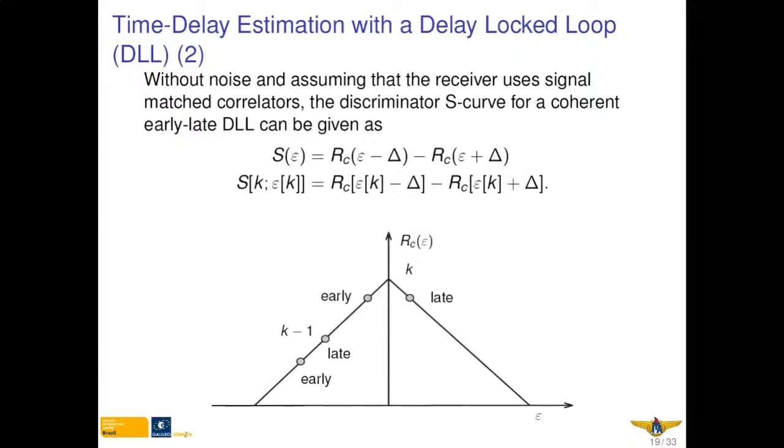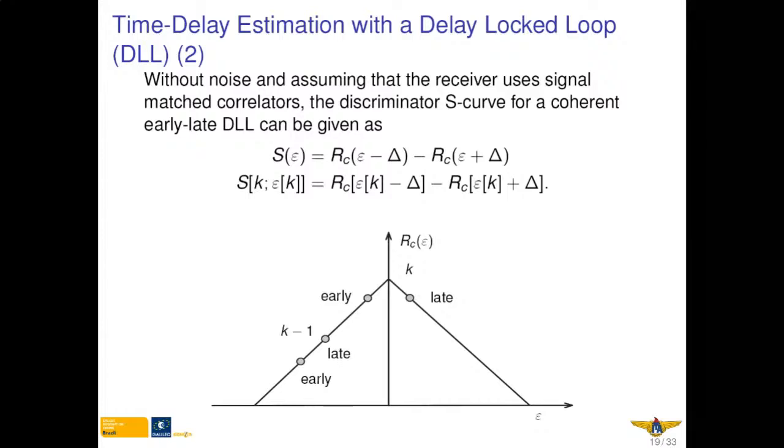This illustrates how the delay lock loop is finding the peak of the autocorrelation function or cross correlation function with the gradient ascent method. We start here, for example, at time instant k-1. We calculate the early correlation and the late correlation, these two values.